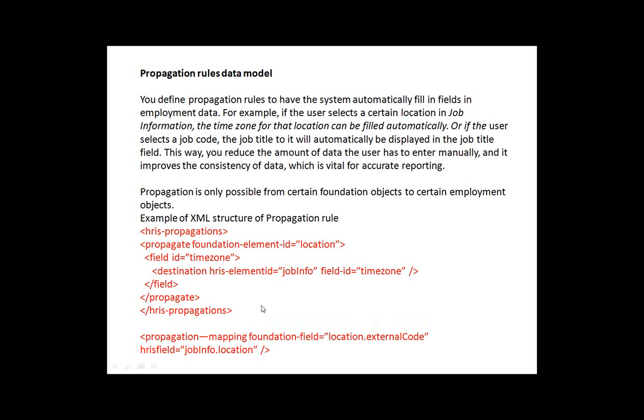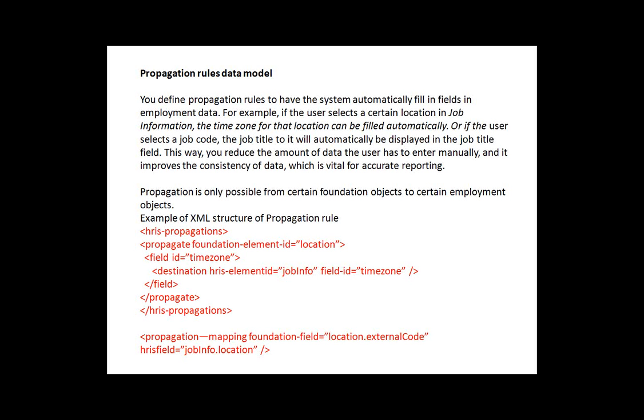What it defines is, in order to propagate the time zone field from the foundation object to the employment object time zone, it is defined for this location. Like for this location, this is the time zone, so it has to populate this information in employment data. So when you choose a location, the time zone should be automatically populated in this particular portlet.